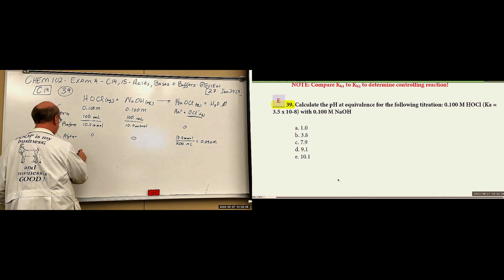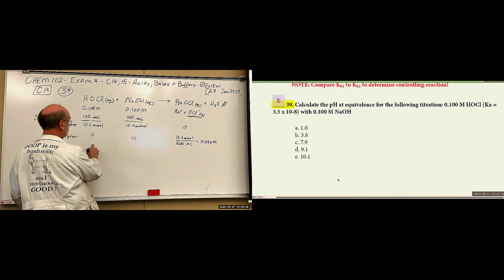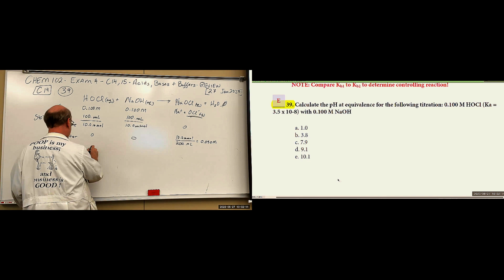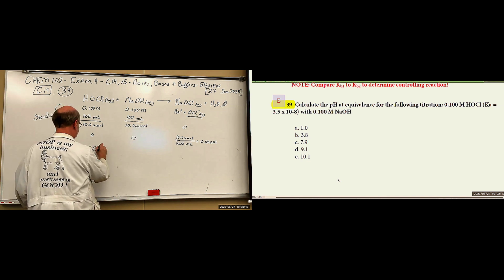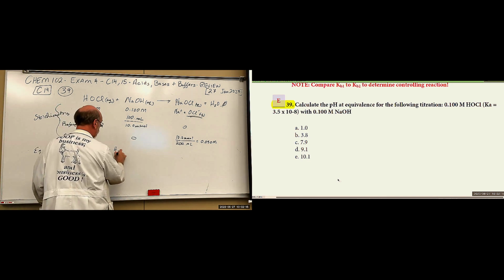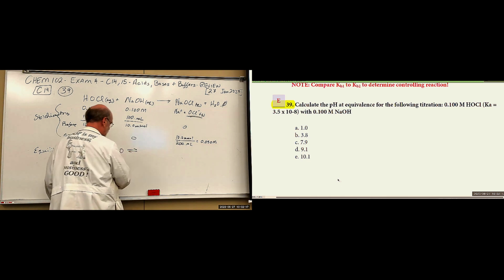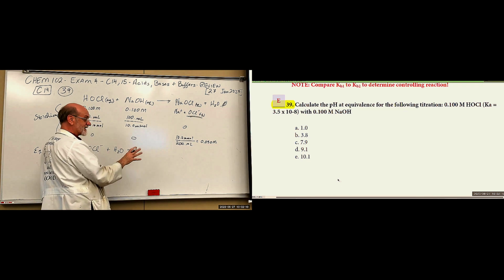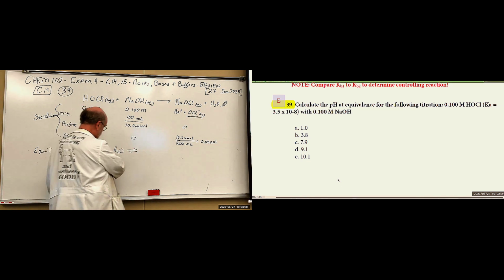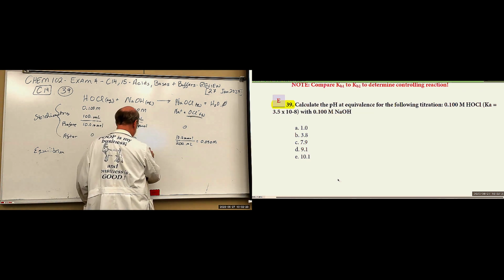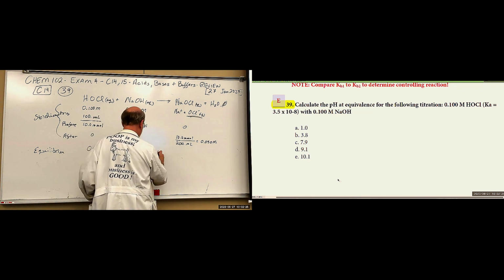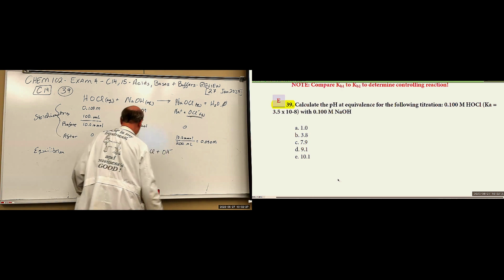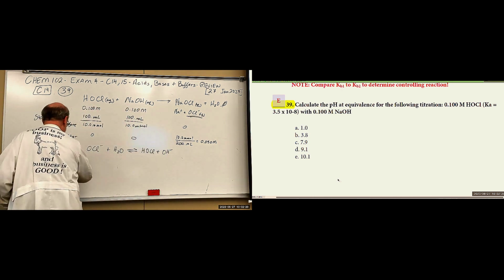So the hypochlorite ion reacts with water and then establishes an equilibrium between this side of the equation and hypochlorous acid plus hydroxide. There we go. So now we can set up our ICE table.